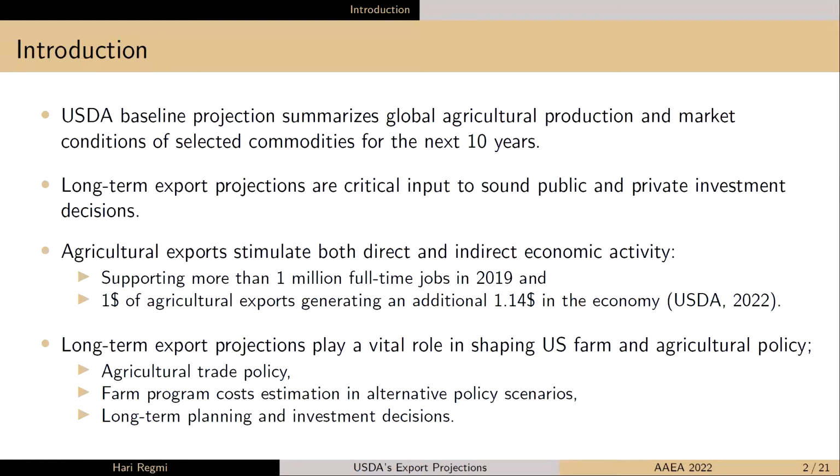There are a couple of investment decisions that can be made based on the long-term export projection. For example, in the context of climate change, what will be the trade scenario in the next 5 to 10 years, or technology adoption decisions like that.